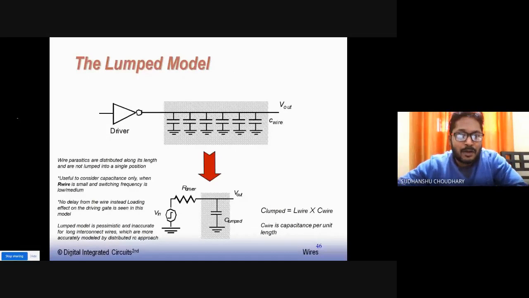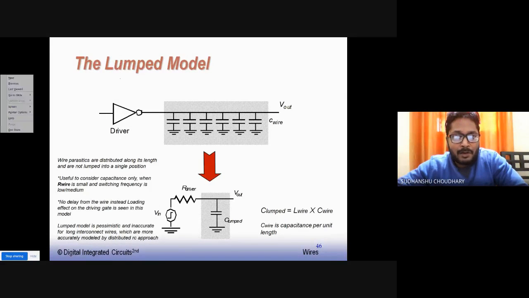Now there are two models which can be utilized for the capacitance of a wire. For deciding the capacitance of a wire, two models can be there. One is called the lumped model and the other is called the distributed model. Okay.